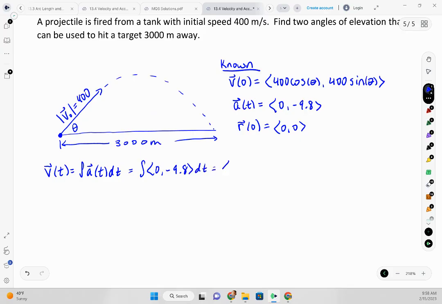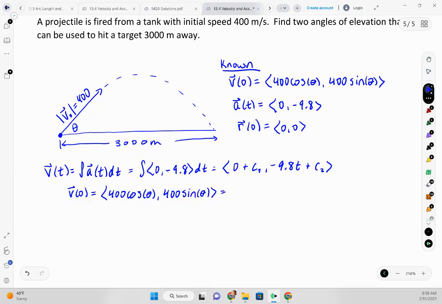When I integrate this, I get a vector with components 0 + c1 and -9.8t + c2. Now, I know that the initial velocity was given as <400 cosine theta, 400 sine theta>.